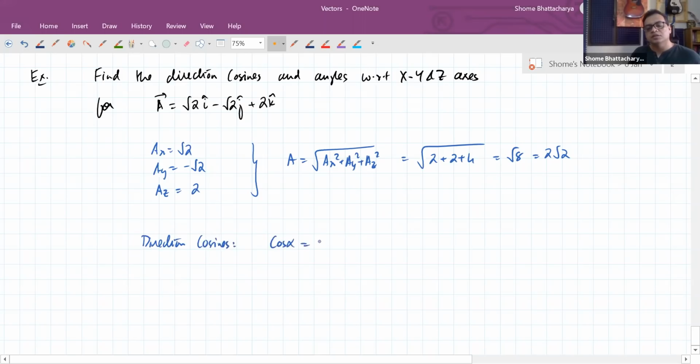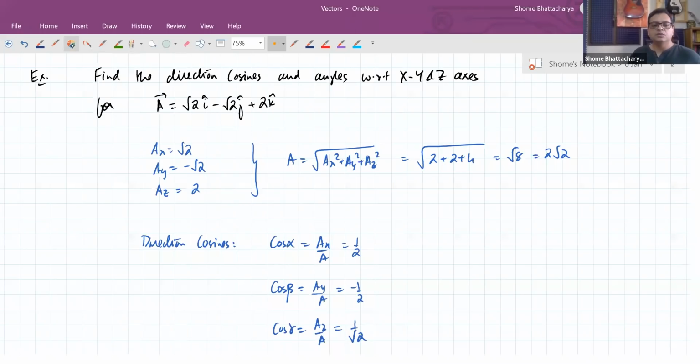Cos alpha is Ax by A, so that is root 2 divided by 2 root 2, which becomes 1 by 2. Cos beta is Ay by A, so this is minus root 2 divided by 2 root 2, which becomes minus half. And cos gamma is Az upon A, nothing but 2 divided by 2 root 2, so that is 1 by root 2.